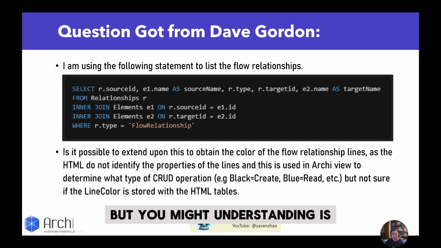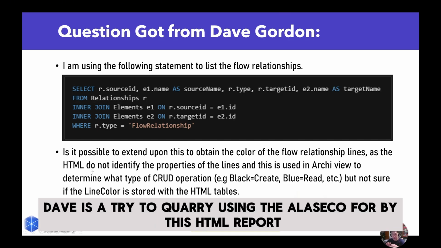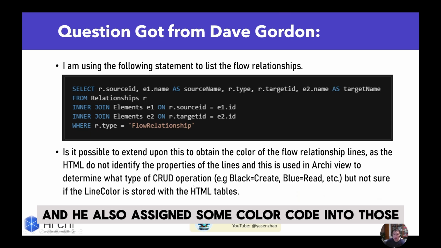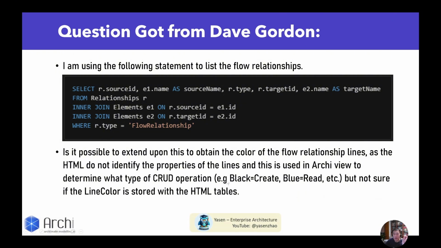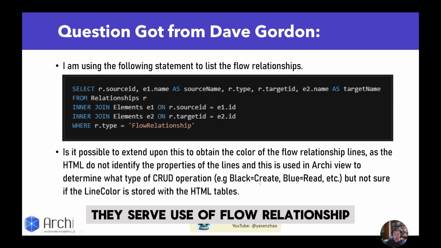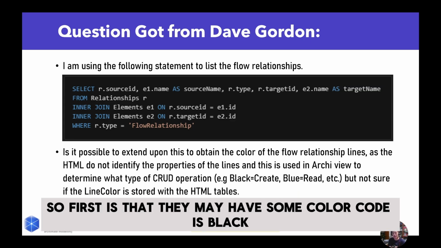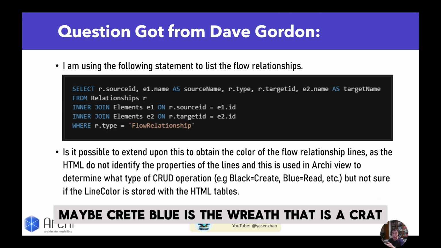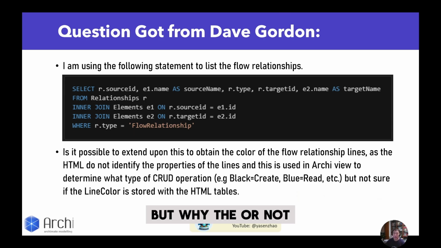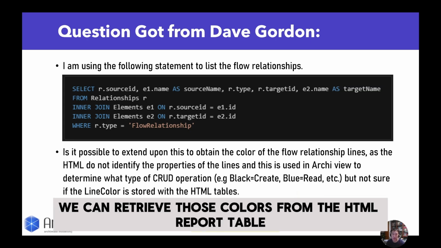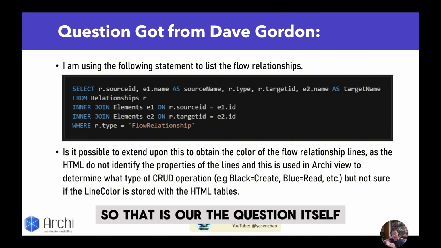But in my understanding, Dave is trying to query using alasql in this HTML repo, and he also assigns some color codes to the flow relationships in the views. They may have color codes, for example black for create, blue for read, that is CRUD, but whether or not we can retrieve those colors from this HTML report table, that is the question itself.